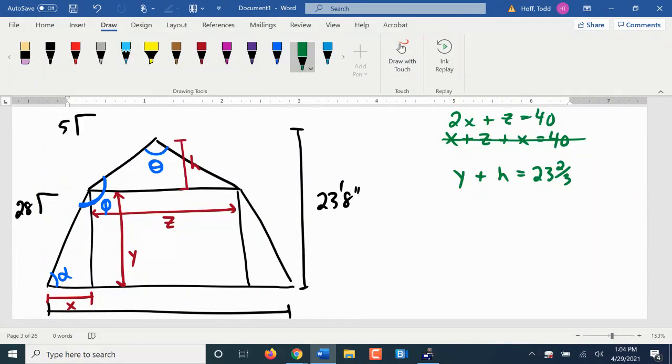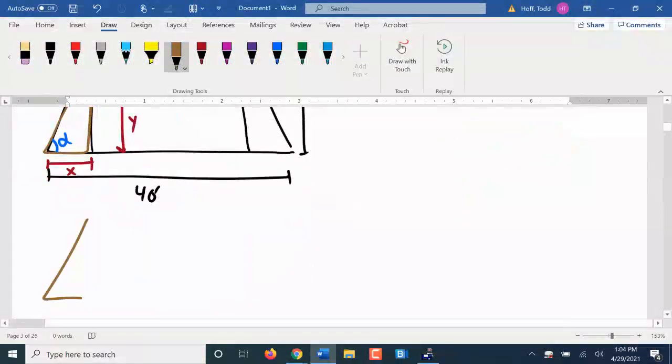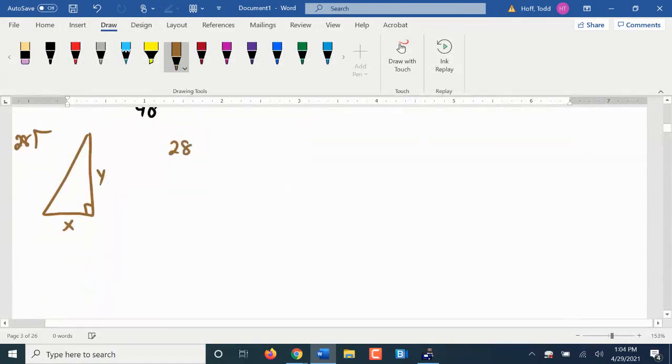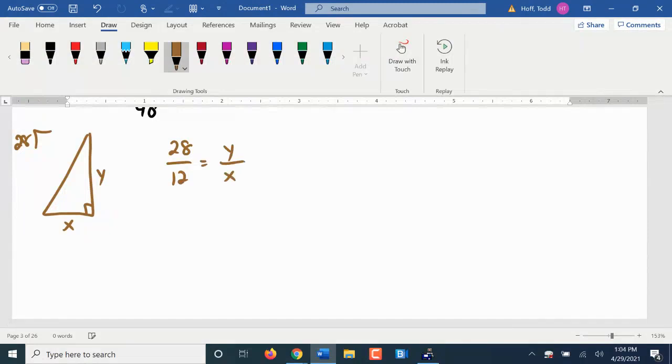So our other equations are going to come from our slope. The first one will be this triangle over here. That is a 28/12 slope. This is y and x. The 28/12 equals y, a rise of y, over a run of x. If we cross multiply there, y times 12 is 12y, 28 times x is 28x.